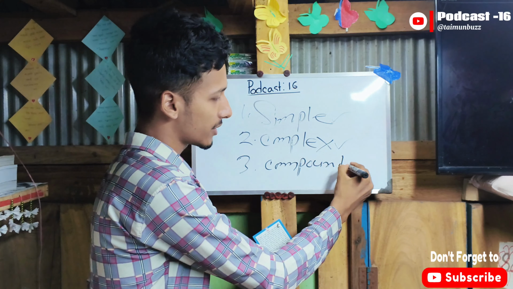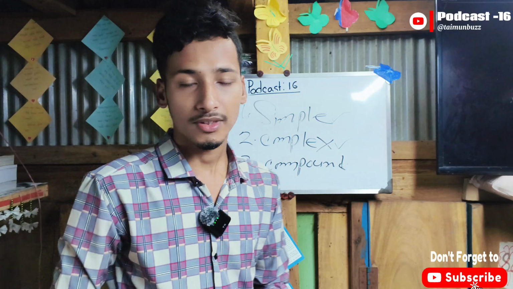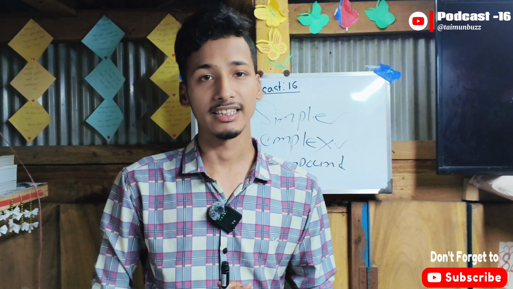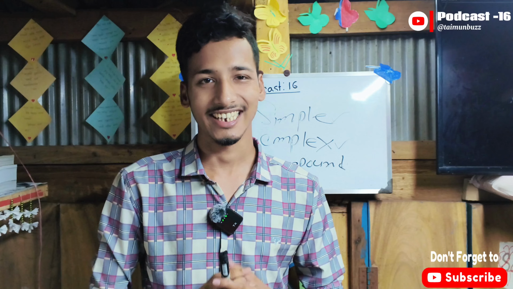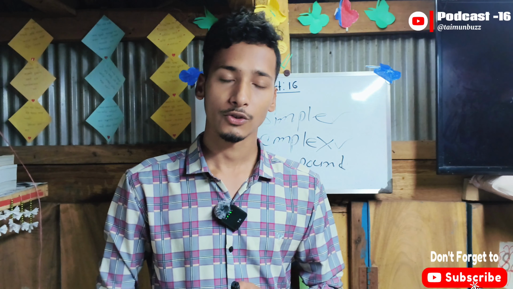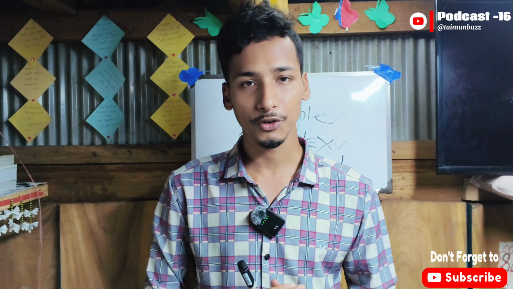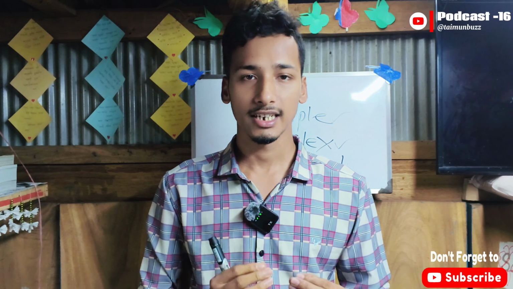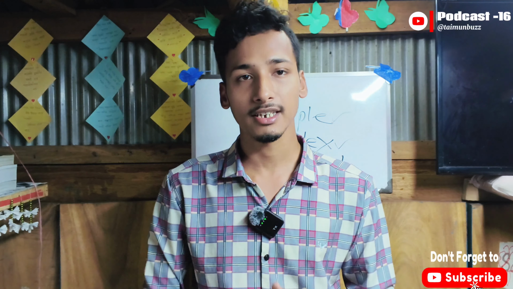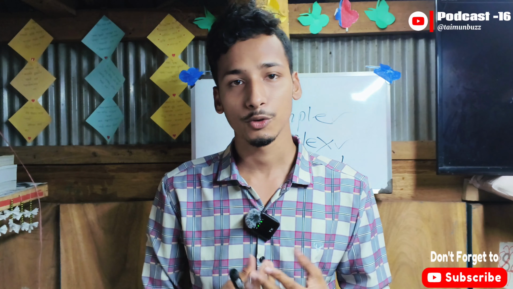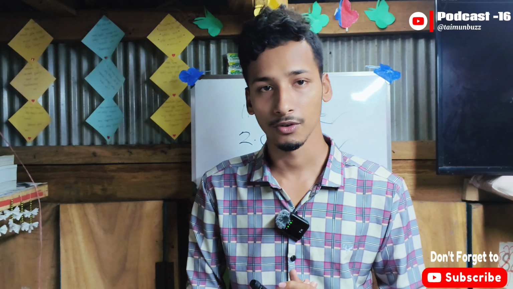Then I will teach you compound sentences. Step by step, I will teach you everything that you need to learn in English. So please listen to me. If you want to improve your English, you have to listen first, then you can speak by yourself. Now, you can repeat with me so that you can improve yourself.